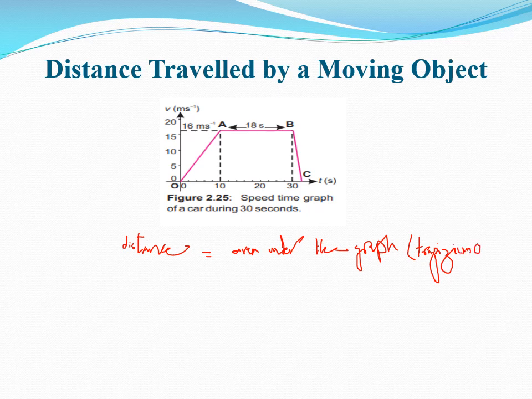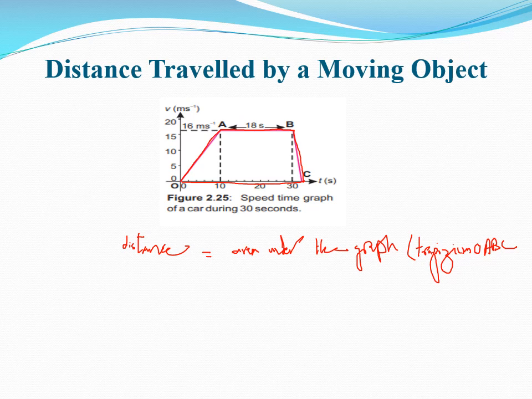Trapezium OABC, meaning this is O, this is A, this is B, and this is C. So this whole area is the trapezium.